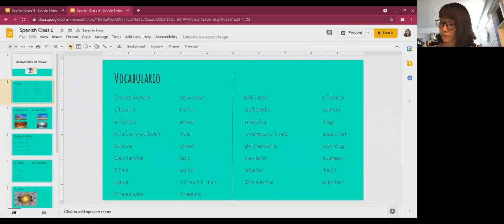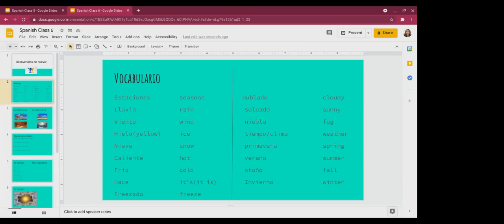Now the next one is nublado. Today is not hace frío. Yes, you would say that. Hace frío, it's cold, right? And if you want to say warm, or hot, caliente is hace calor. When you're talking about the weather, you would say calor.